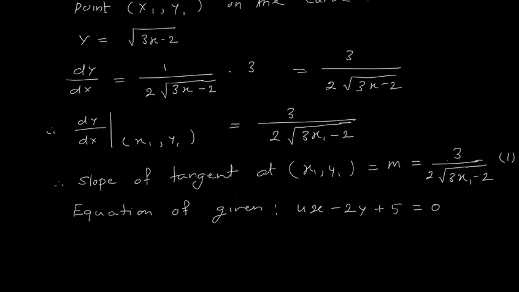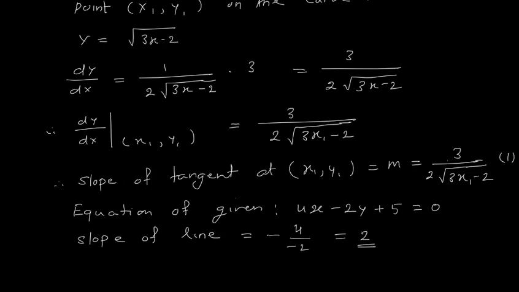So the slope of line, the formula for slope of line is minus a upon b, where a and b are the coefficients of x and y respectively. So it is minus 4 upon minus 2. So the slope of line we get as 2.